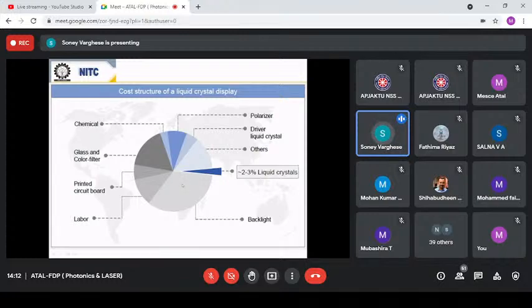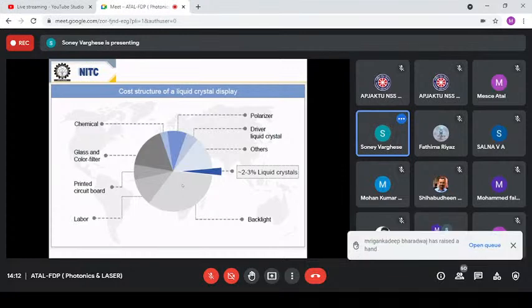So if you look at display devices, I can say that it's a very beautiful engineering marvel, right? Because you can see that starting from different types of materials like liquid crystals, to the complex electronics using field effect transistors, then coming to the optics, complex optic systems are also there.